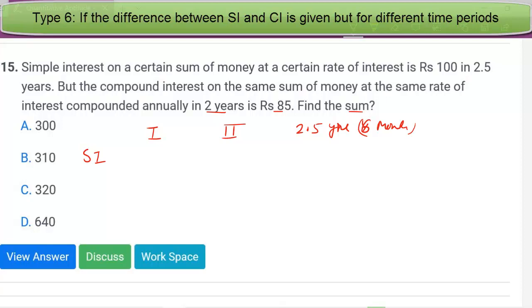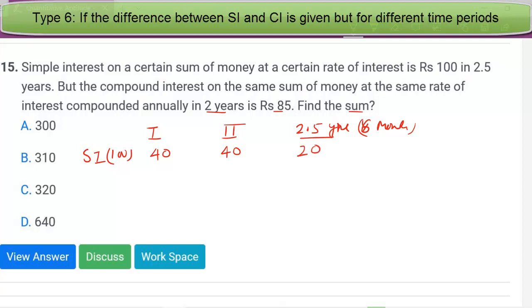So 100 interest has been accumulated over a period of 2.5 years. So that straight away gives you that in the first year you are getting 40, in the second year also you are getting 40, and in the third year also you should have got 40, but since you are only calculating till half of the year, that has to be rupees 20.